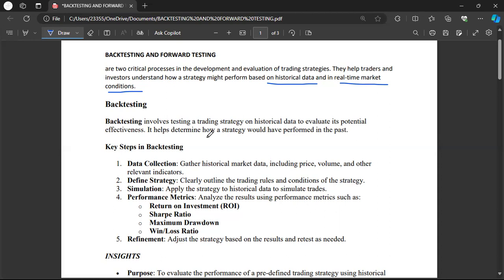So move to 4. Now, performance metrics. Analyze the results using performance metrics such as, one, return on investment. We have looked at this, right? So it's like the risk to return ratio, risk to reward ratio, I should say. And then we look at the Sharpe ratio.